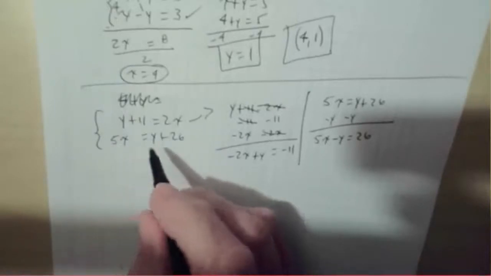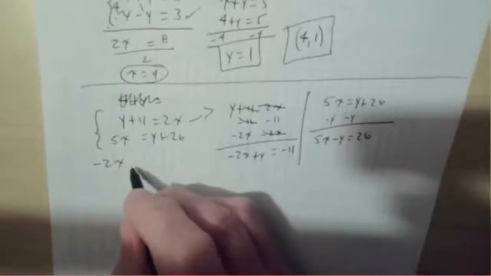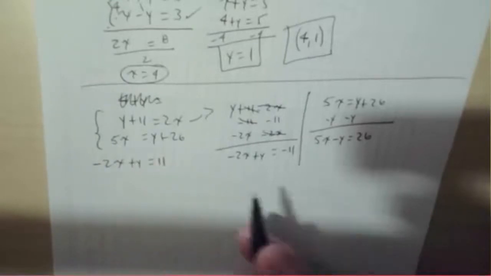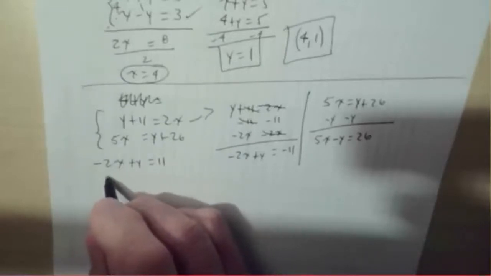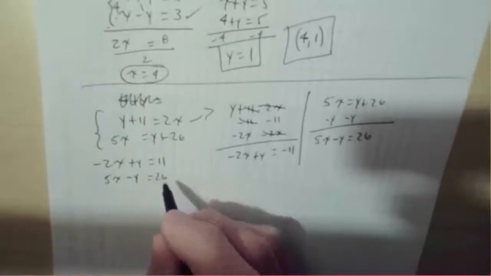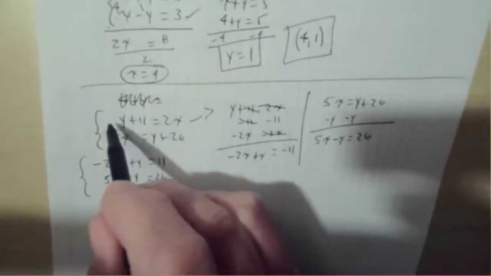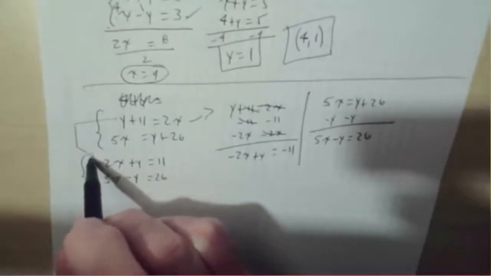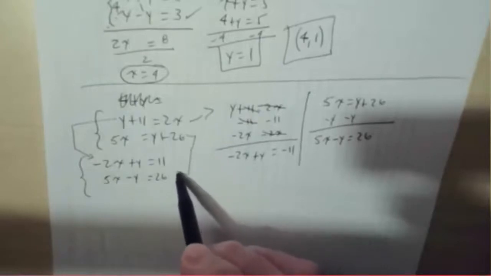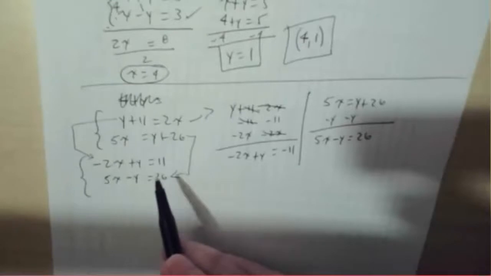We have negative 2x plus y equals 11, and we have 5x minus y equals 26. Okay? Now this one is the same as that one. It's just rearranged. And this one is the same as that one. Again, just rearranged. But they're exactly the same.